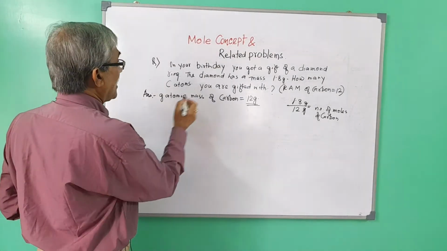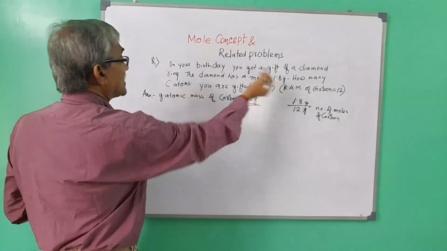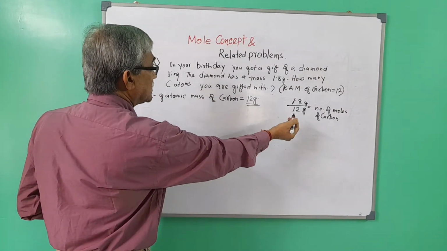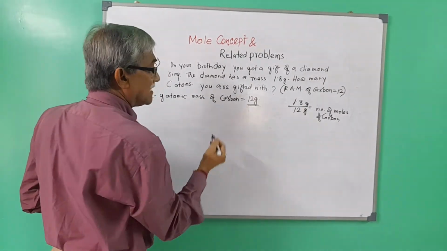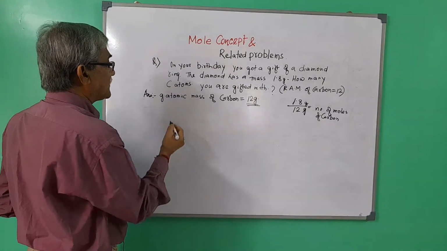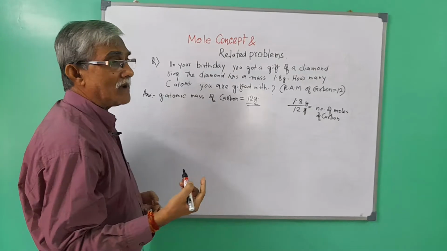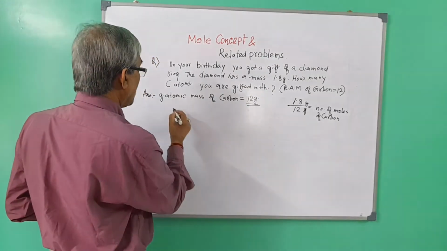Okay. Now what is the question? The number of carbon atoms that you were gifted with. So how could you get it? This is the number of moles of carbon that you have been gifted, and 1 mole of carbon contains the Avogadro number of atoms.